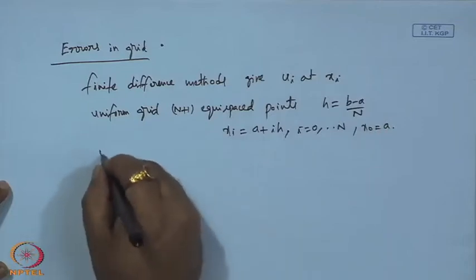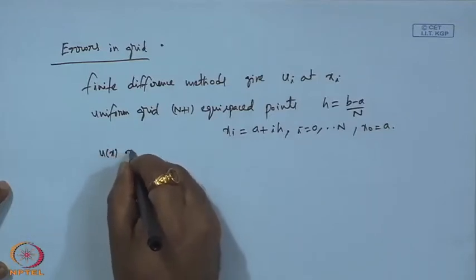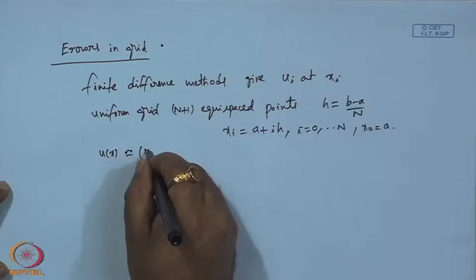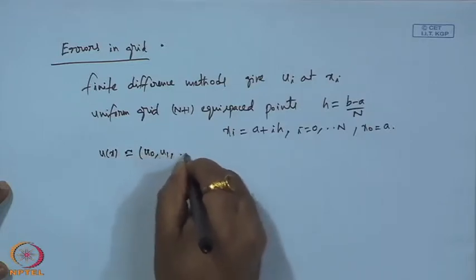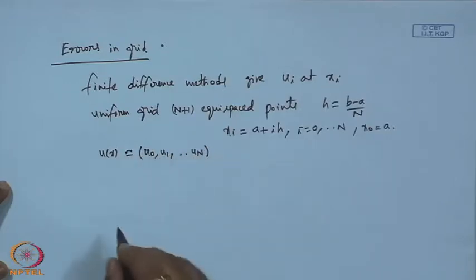Okay. So, we have u of x approximately u 0, u 1, u n. Okay.